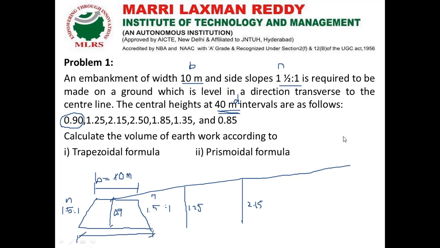So the total number of ordinates is 7, which is an odd number of ordinates. The distance between the consecutive ordinates is 40 meter.